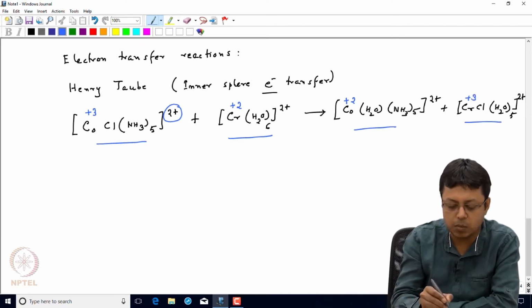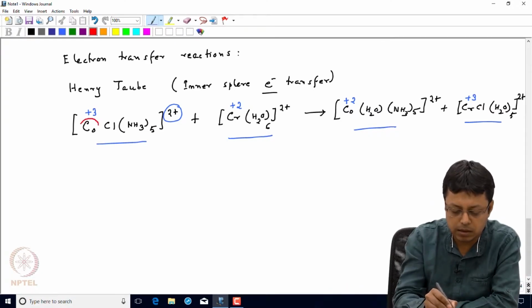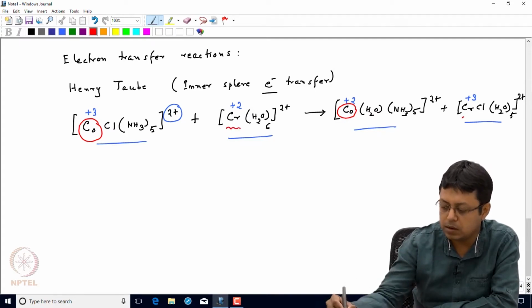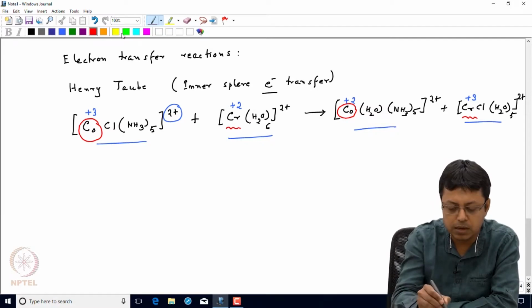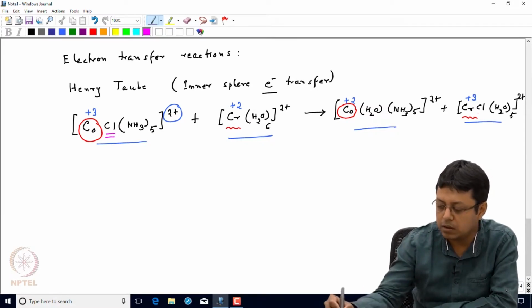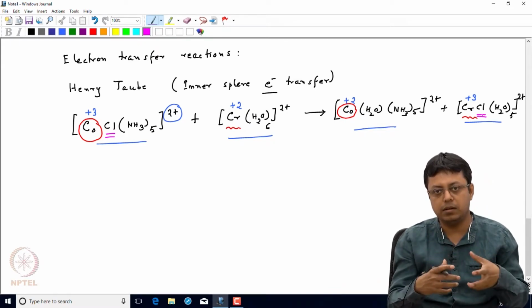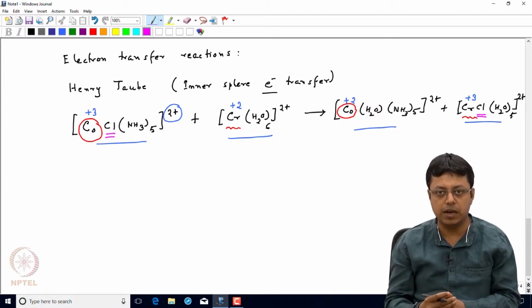So as you can see, the cobalt is undergoing +3 to +2, so it is reducing, and the chromium is undergoing an oxidation. What is interesting here, which Taube noted, is the role of this chloride ion. As you can see, this chloride is mediating the oxidation or reduction.